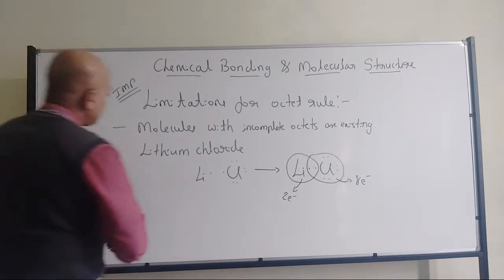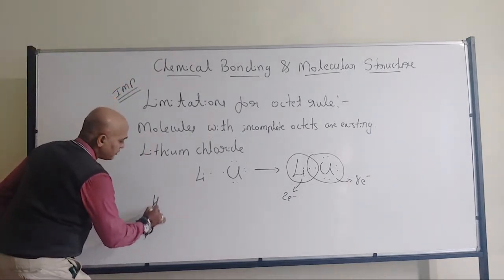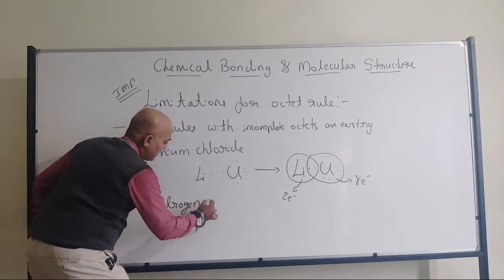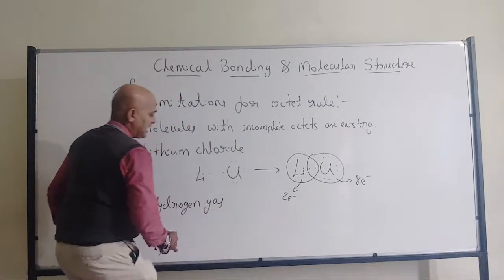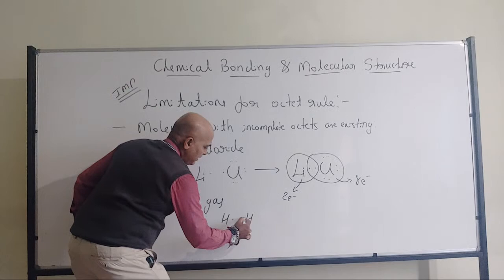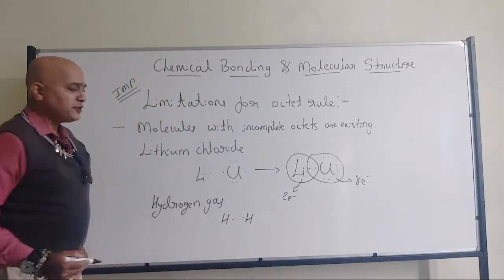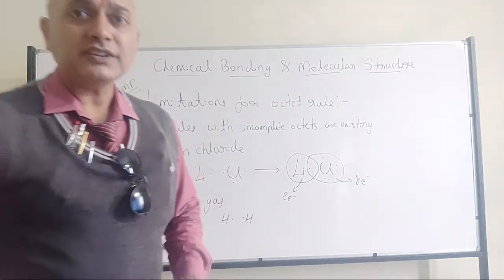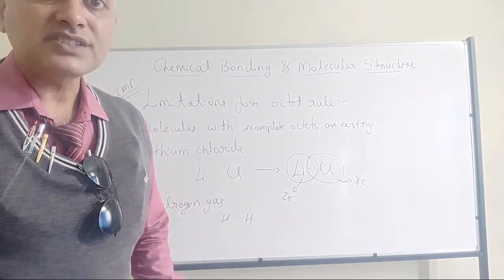In the same way we can take the example of the hydrogen molecule, or hydrogen gas. What is the total valence electron? That is only 1, because for hydrogen it is only 1 electron.